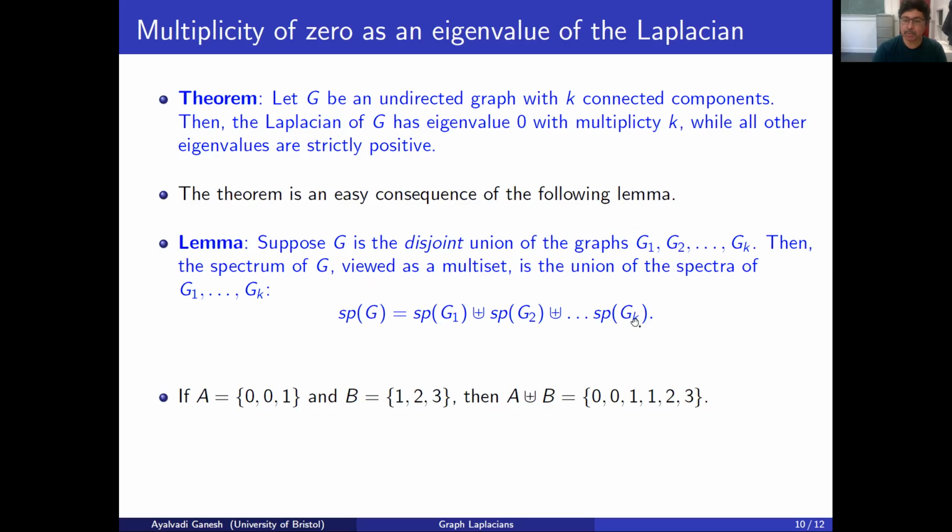Similarly for G2 through Gk. So if a graph has k connected components, G1 through Gk, it can be expressed as the disjoint union of these connected components. Each one has one eigenvalue of 0 and the remaining strictly positive eigenvalues. And so G has k eigenvalues of 0 and all the others strictly positive. And that's the proof of the theorem.